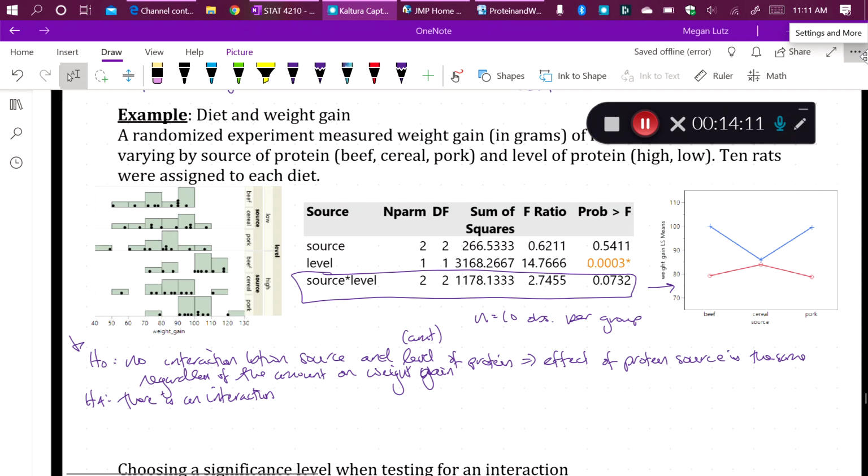So here, we kind of have conflicting information. The F ratio is not very large. The F statistic is 2.75, so it's saying that we have about twice as much, not quite 3 times as much, explained variability by the interaction effect as we have unexplained. We also have a hard to interpret p-value. It's small.